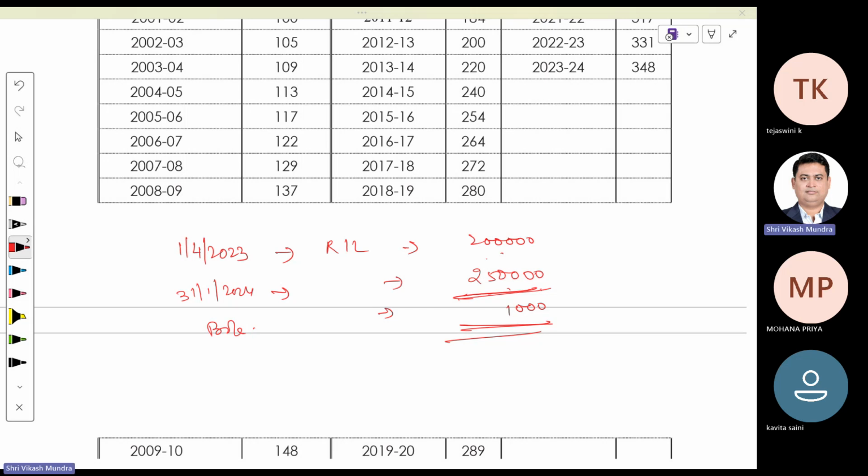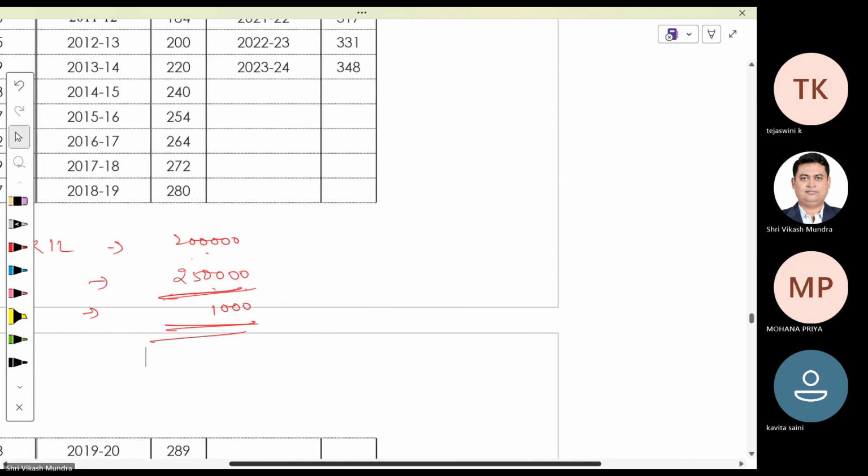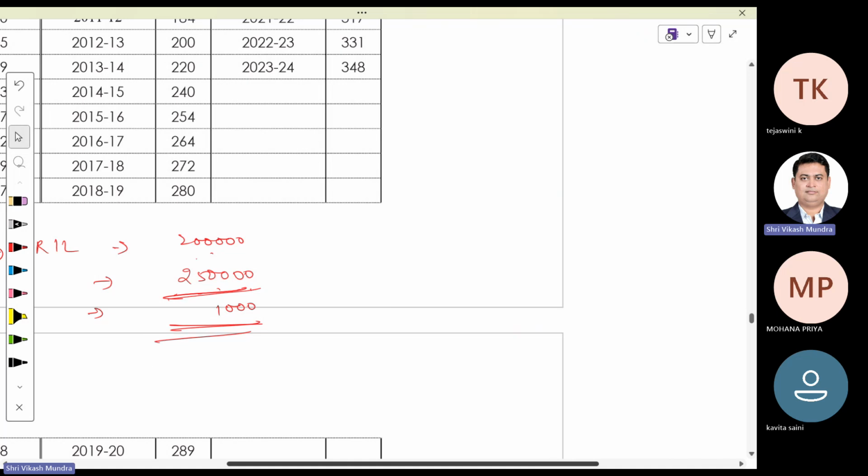Can I say that my calculation would be like this? I'm not aware of income tax, but my calculation would be like this. I sold, that means the sale price is 2,50,000. Less, I incurred some expenditure on transferring these assets, rupees 1,000.